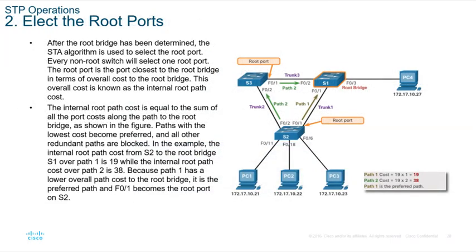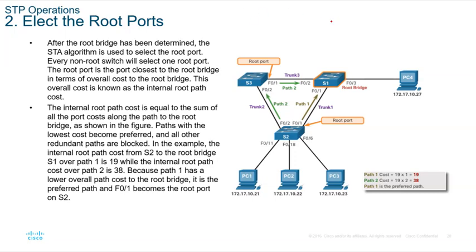So when you look at this, we still have this trying to show us the cost, and then the port roles. Once you have a topology, you should be able to identify the port roles and the switch roles.